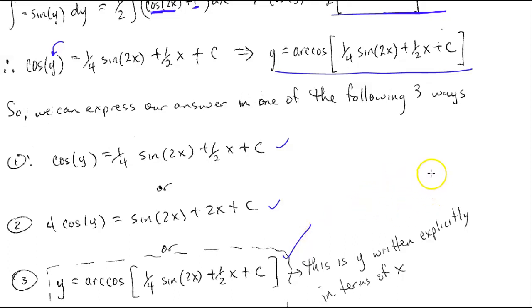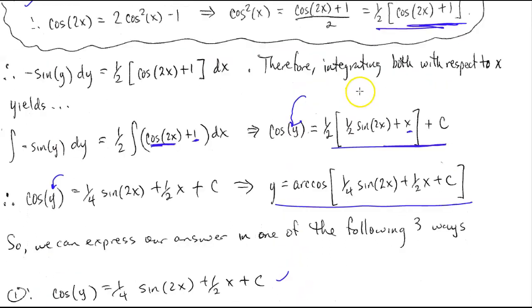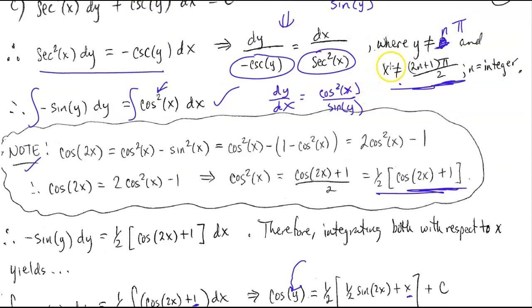Now, the only other thing I want to say here is that we need to identify what are the valid values of y and x for this particular solution. So if you remember, one of the things that we said up here was that y could not be integer multiples of pi, and x could not be odd integer multiples of pi over 2.